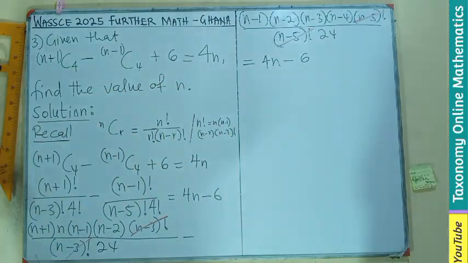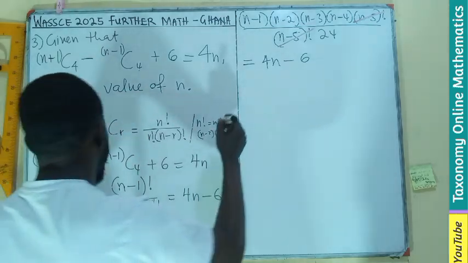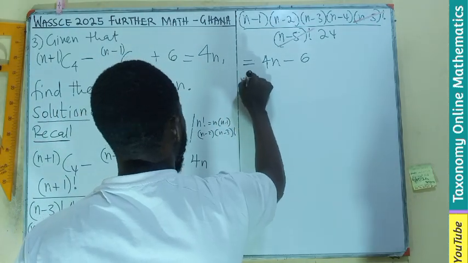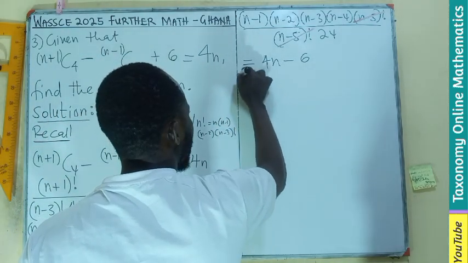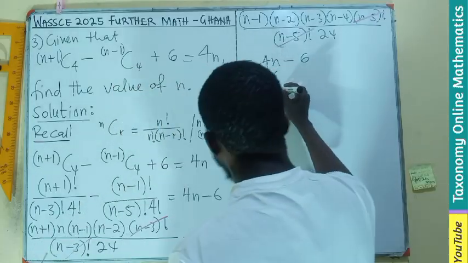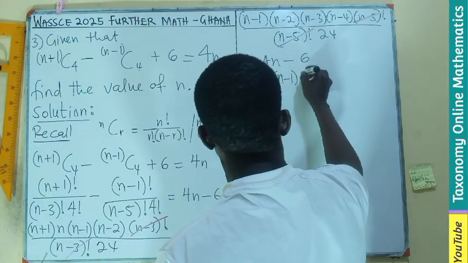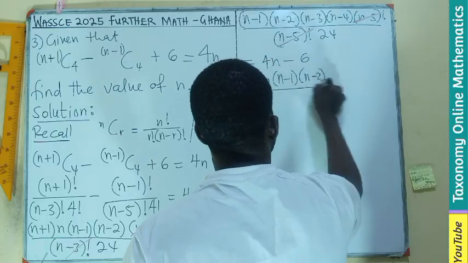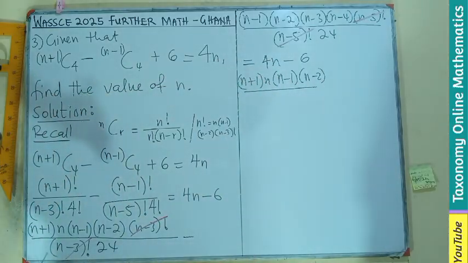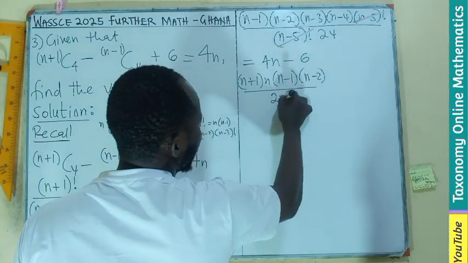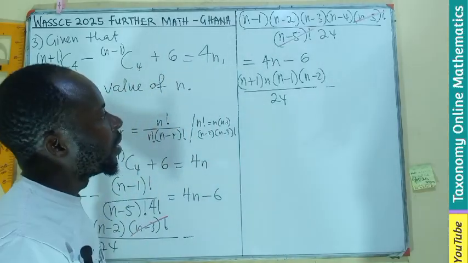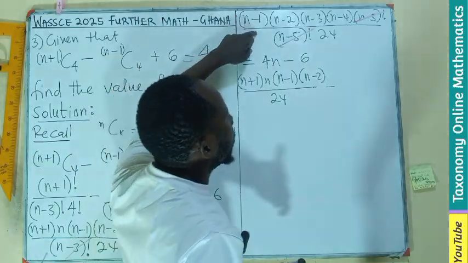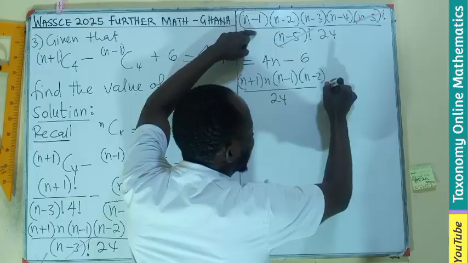So we should be left with these terms we are having here, 4 of them, as in n plus 1, n minus 1, n minus 2, divided by, what do we have? In the denominator, we have only 24. Minus.